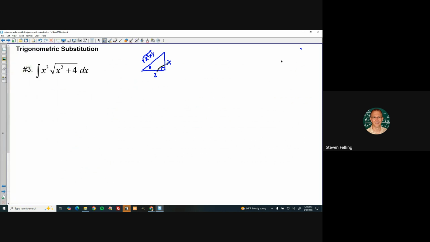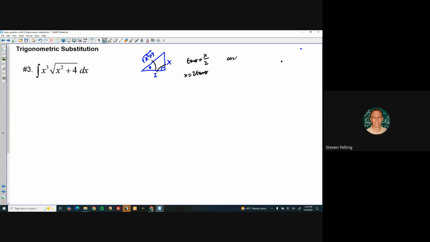So that means we'll pair this one and get that's opposite and adjacent, so that is tangent. Tangent of theta is opposite over adjacent, which means we can solve this for x and get 2 tangent of theta. And then we can also pair this side and the constant, the radical. That is adjacent and hypotenuse.